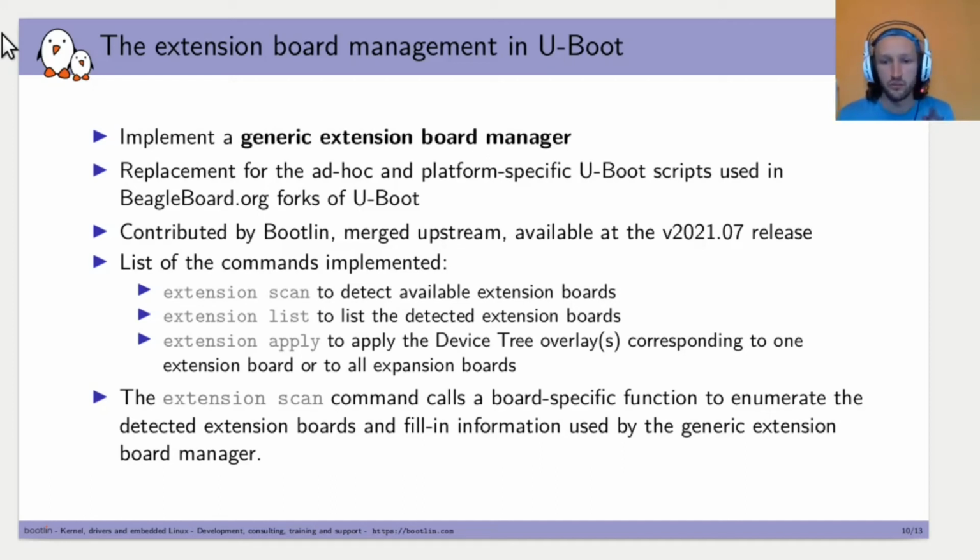For example, the Beagle board uses a PROM on I2C, and the C.H.I.P. board from Nextthing.co uses a PROM on one-wire. So we have to use a board-specific function. This function will read the EEPROM and fill the information table used by the extension command.